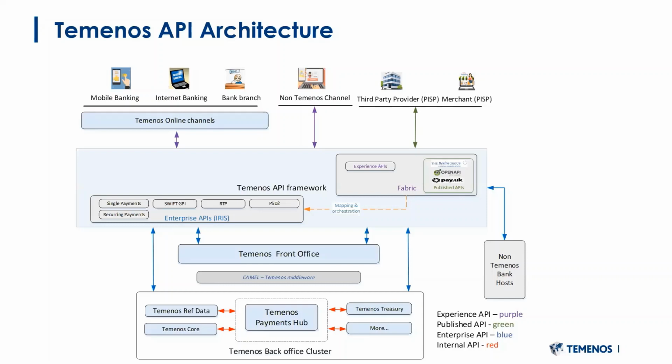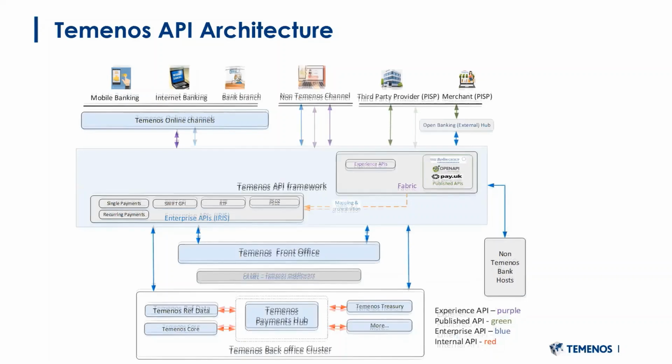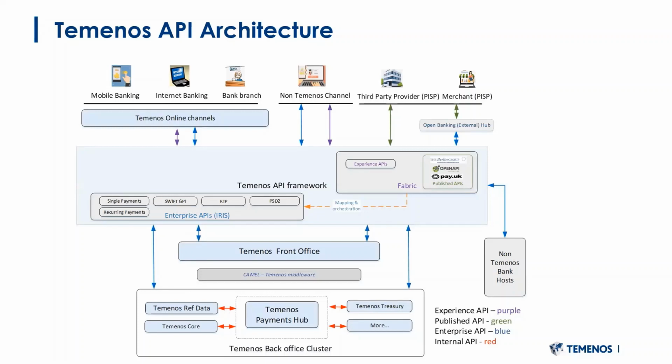So this is a very typical model. In fact, it can deviate in real situations, which is what I'm going to show in the next slide. So if you see, I've added a purple arrow as well as a blue arrow between Temenos online channels and the Temenos API framework. This is because currently, the Temenos online channels directly interact using enterprise APIs. They don't use experience APIs.